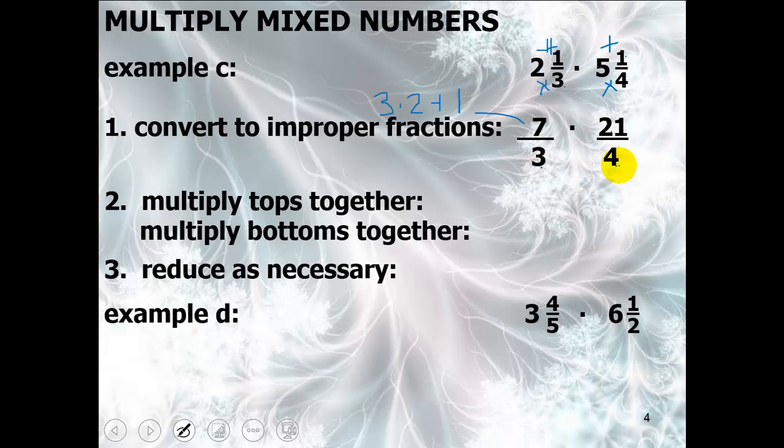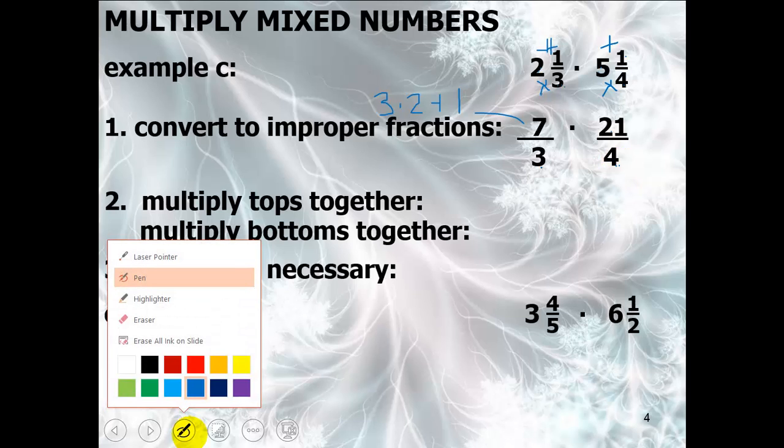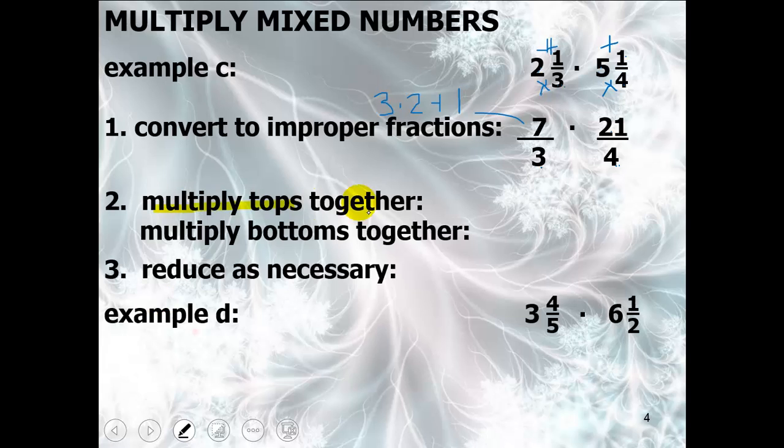Now, our rules for multiplying fractions say multiply the tops together. After that, we're going to multiply the bottoms together. Okay? Here we go. I have 7 times 21 and then 3 times 4.